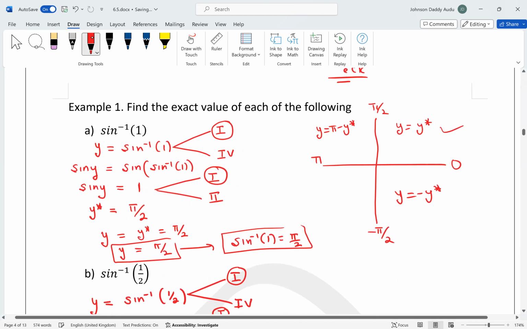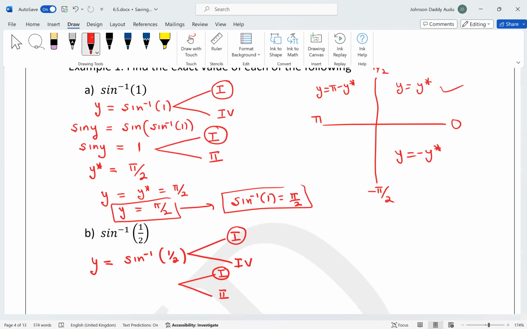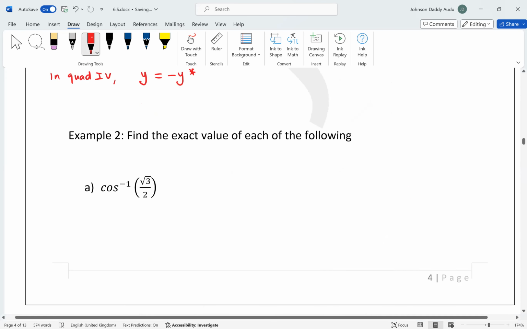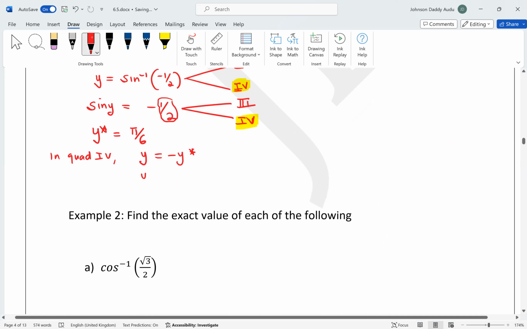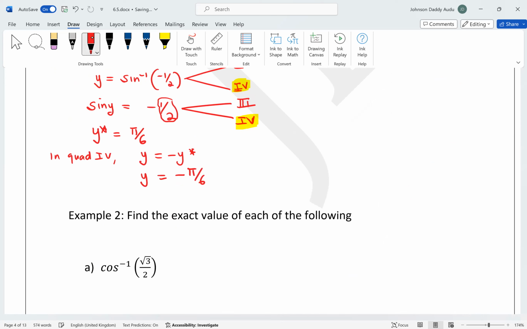If you're in the fourth quadrant, y is minus y star, which is like the reference angle. So it simply means that y is going to be minus pi over 6. And what is y? Remember, our y is sine inverse of minus half, equal to minus pi over 6.